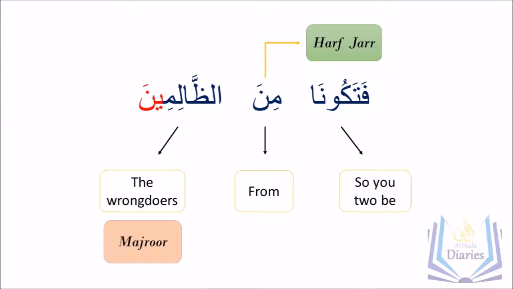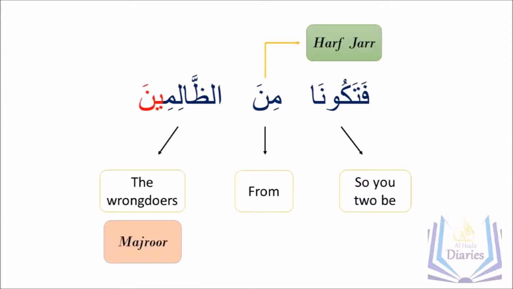And to differentiate whether it's in the state of rafa or nasab, we have to look at the context, we have to look at the sentence. And in the sentence we see that al-zalimin is coming after the harf jar min. Therefore, the default word zalimun, which is in the state of rafa, has become zalimin because of the presence of the harf jar. Therefore, we will say min al-zalimin.